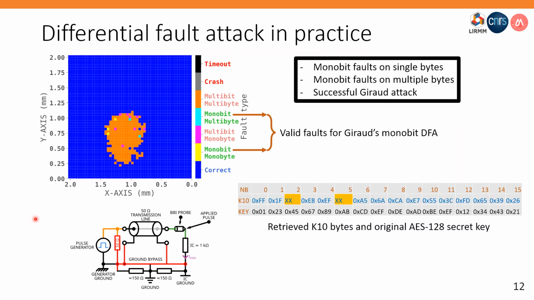So let's see now the practical attack results. Sweeping the 5 locations found previously allowed us, with only 3 of them, to recover 14 bytes of the last round key, aka the secret key in that case, because we are using an AES 128 bits.